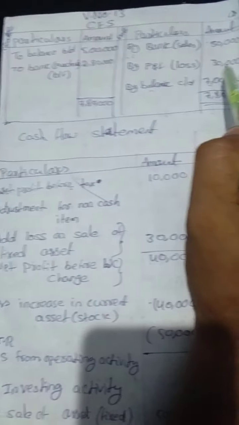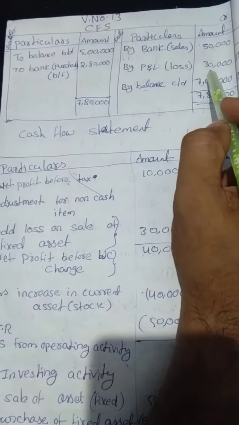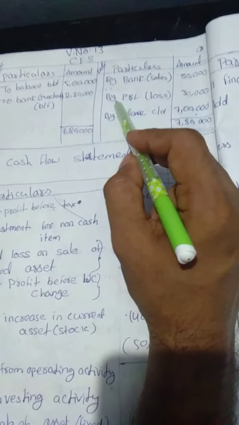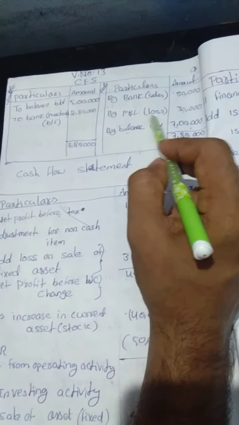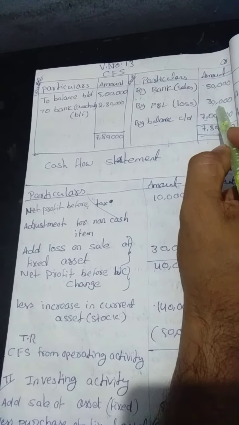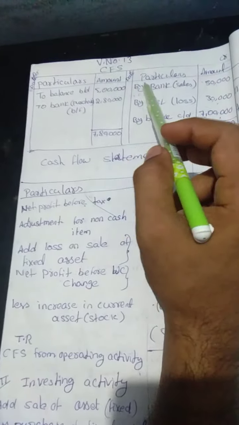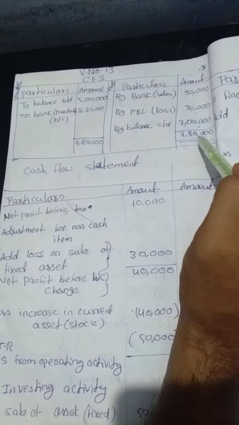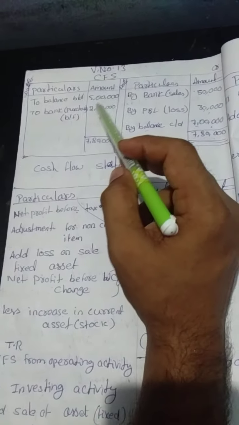Next is the profit or loss. This is a loss, so we mention it on the credit side, by profit and loss account, and in brackets we mention loss to make it clear. Now we add both sides. Here the total is 7 lakh 80,000, but here it is only 5 lakh.